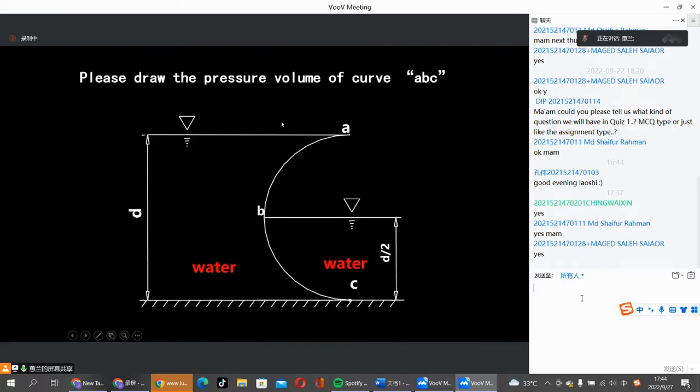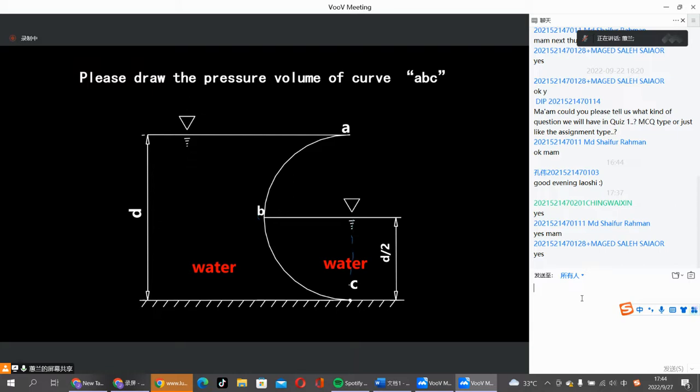I just want you to find out the pressure volume for white water for curve BC, because for AB there is no water, right? So there will be no force by the fluid on curve AB, I mean, right hand side. And for the BC part, the horizontal force should be equal to what?